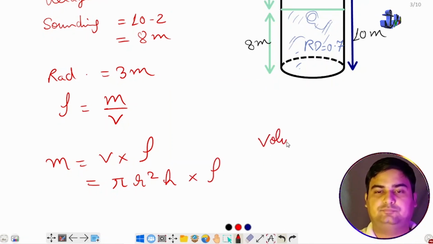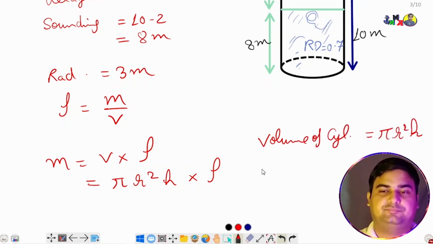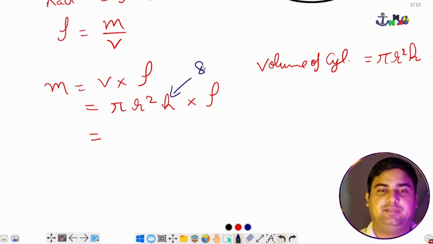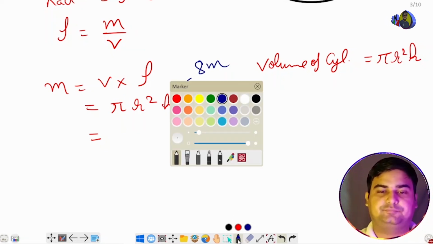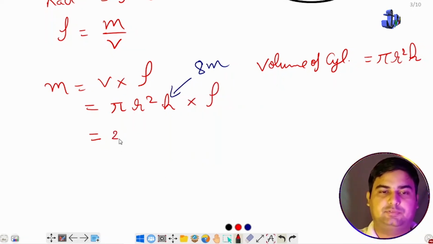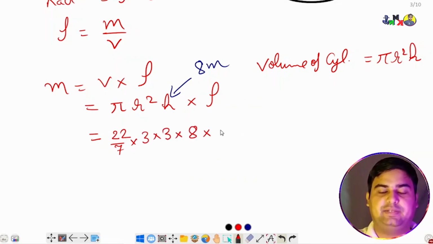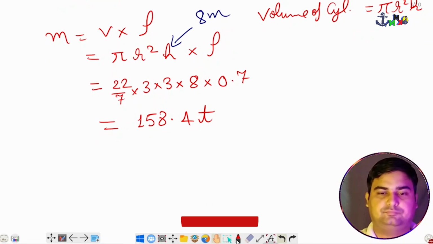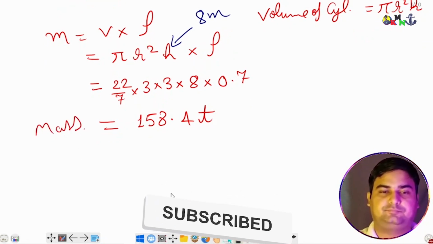Here the h will be 8 meters, because the sounding of the oil is 8 meters. So pi we know 22/7, r is 3, h is 8, into density, which is given as 0.7. By solving this, we will get 158.4 tons. That will be the mass. This will be your answer.